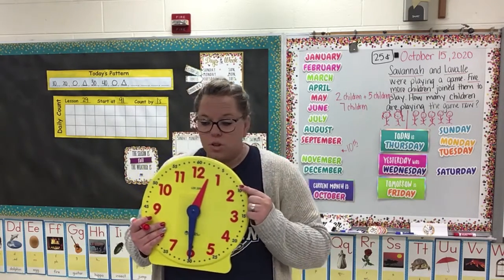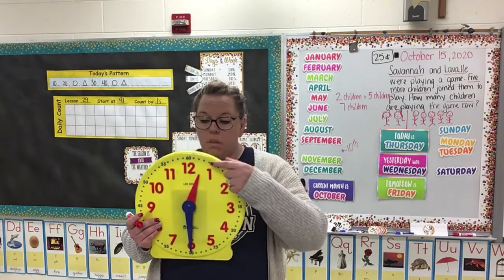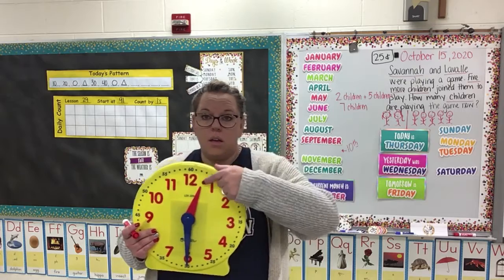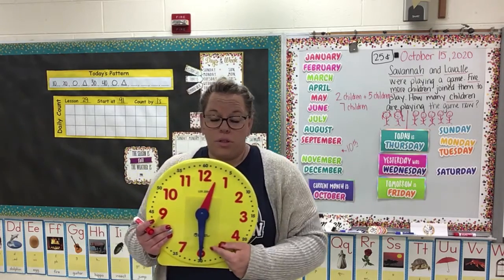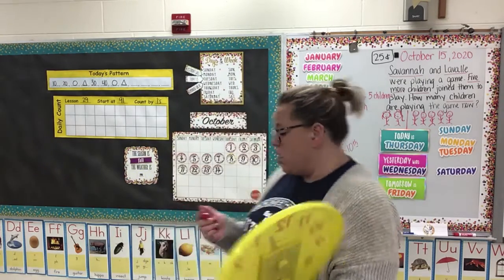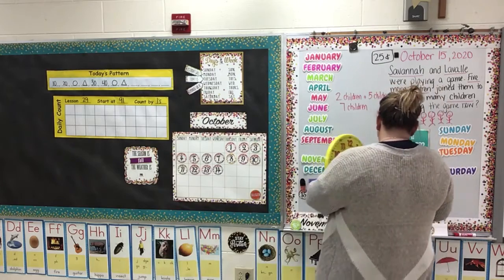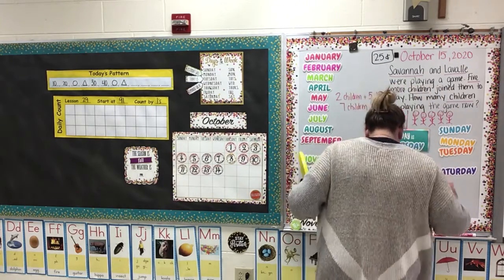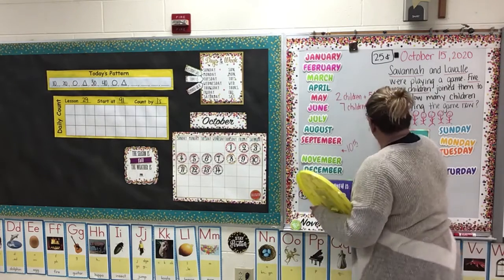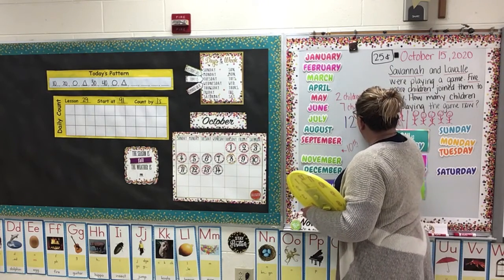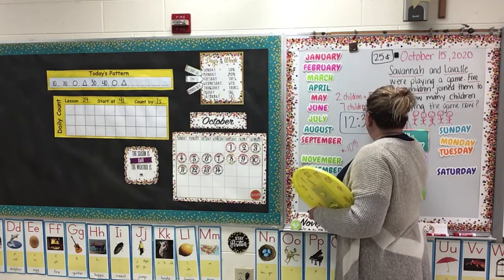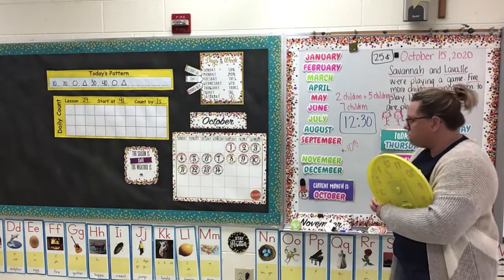Remember, if it's between the 12 and the 1, that means it's going to be the one that's earlier. Okay, so it's 12:30. It's half past 12. You need to write 12:30 on your clock. 12:30. Okay, make sure you get 12:30 on your clock.